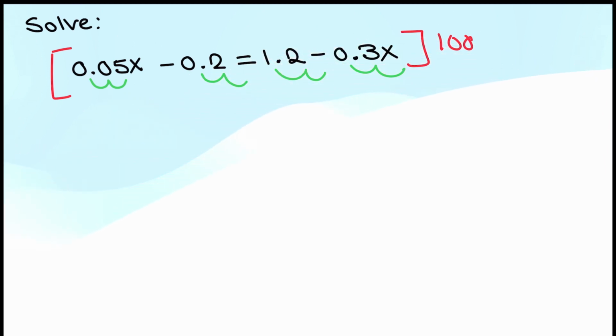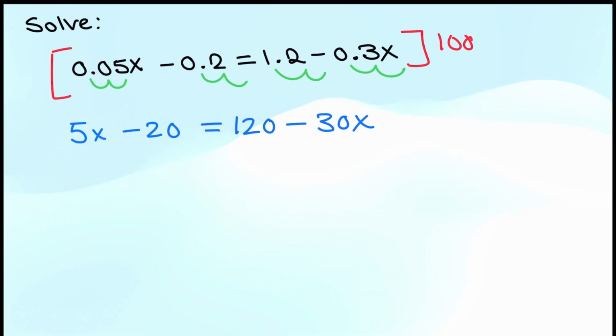And that's going to take the decimal and move it two places to the right. So 0.05x times 100, the decimal goes two places to the right, and that becomes 5x. 0.2 times 100, the decimal goes two places to the right, and that turns into a 20.